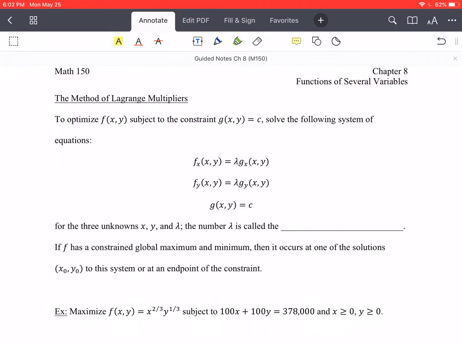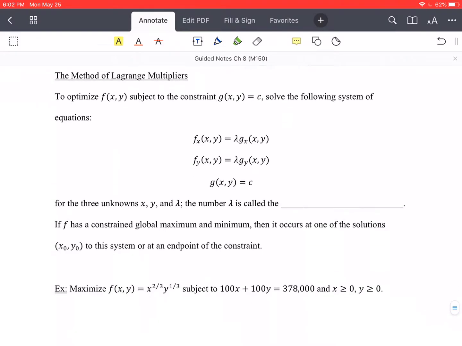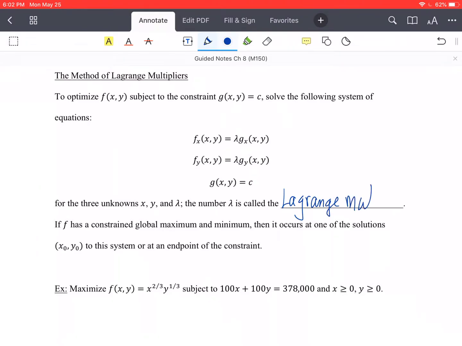The constraint is always evident because it's equal to a constant c. So we have three unknowns: x, y, and lambda. Lambda is called the Lagrange multiplier, named after the mathematician Lagrange.